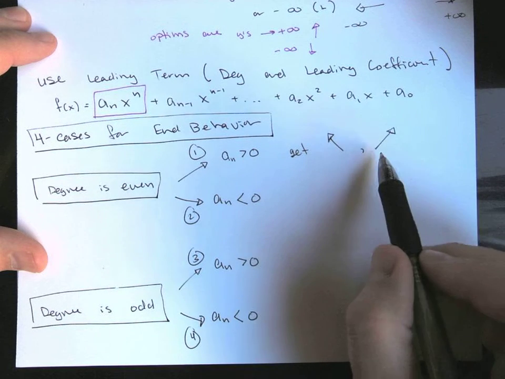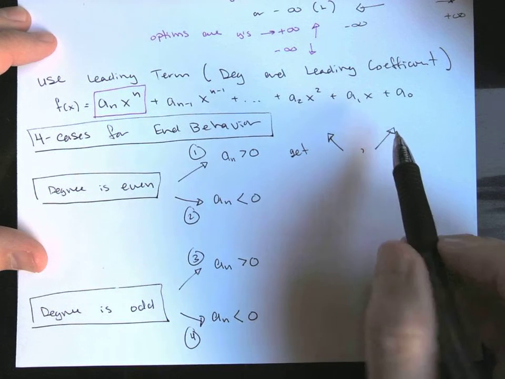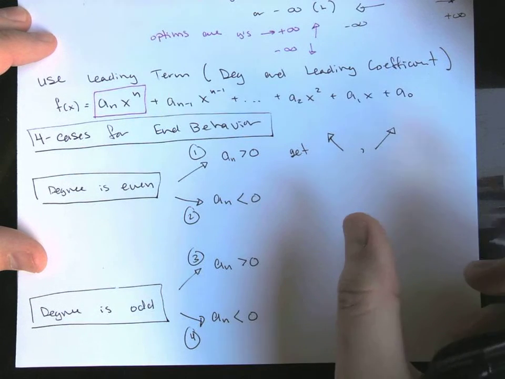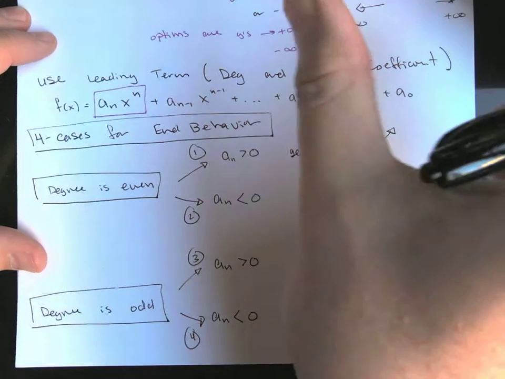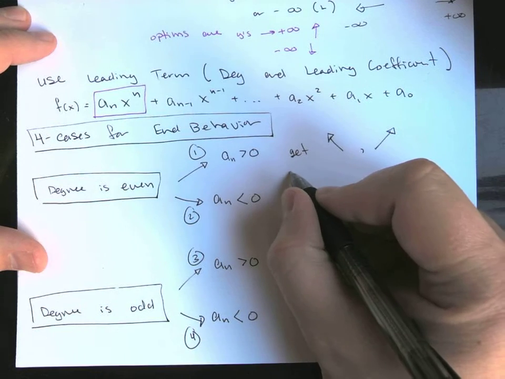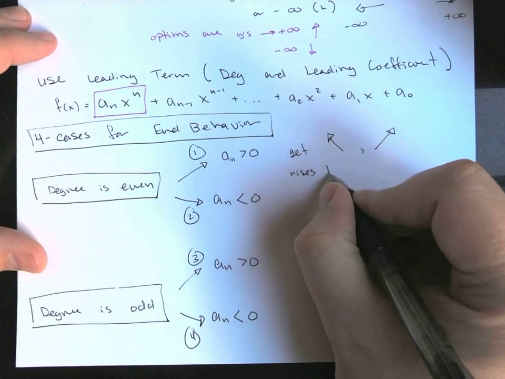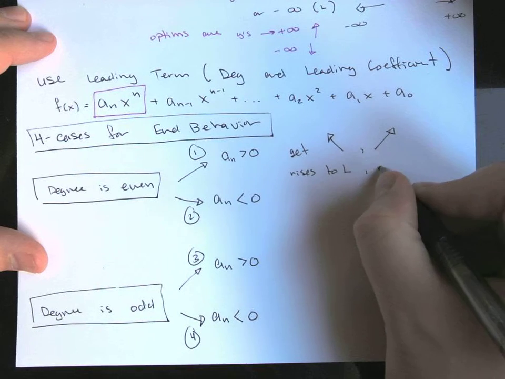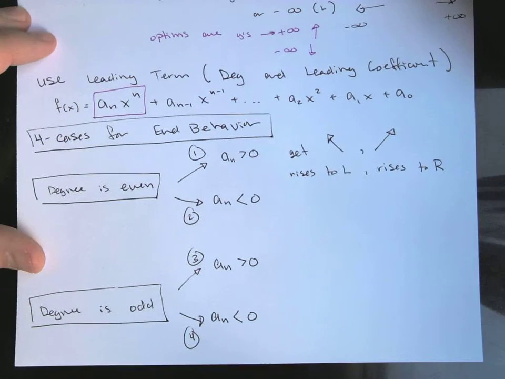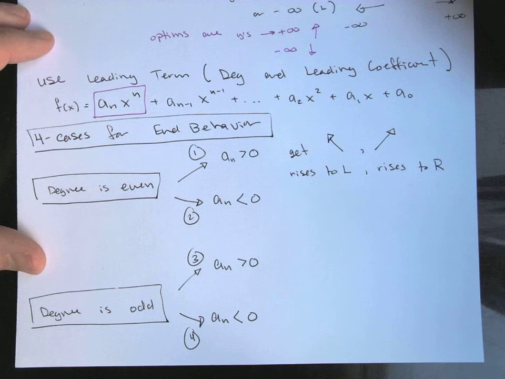So up to positive infinity in both directions. As you go out further to the left and to the right, eventually you start to increase without bound. What we would say here is it rises to the left and it rises to the right. So up to positive infinity in both directions.